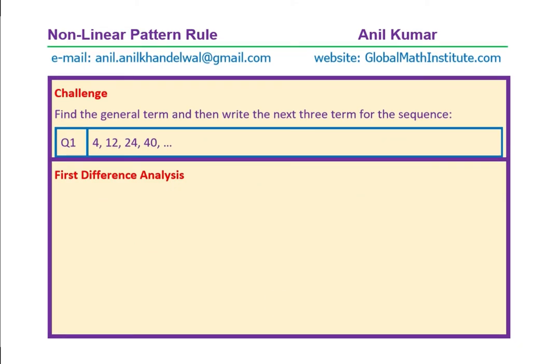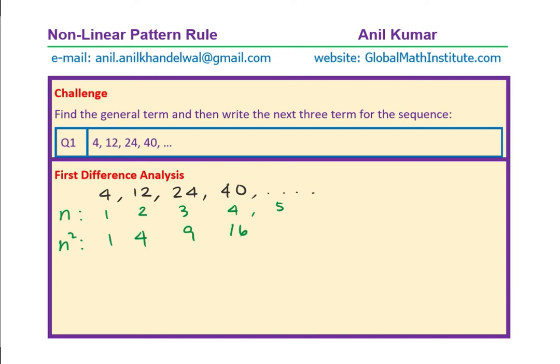So the sequence for us is given as 4, 12, 24, 40, and so on. If I write the value for n, this is my first term, second term, third term, fourth term. We'll find what the fifth term is. And n squared is what? 1, 4. Square of 3 is 9, this is 16.